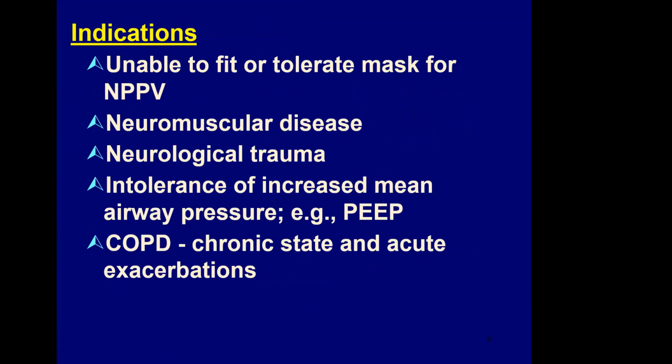Okay, the indications for negative pressure ventilation. Some patients cannot tolerate a mask. If the patient is unable to fit or tolerate the mask, then negative pressure ventilation is an alternative. It is also indicated for neuromuscular disease and neurological trauma. In these neuromuscular diseases, the patient is just losing their ability to ventilate through muscles or neurologically.